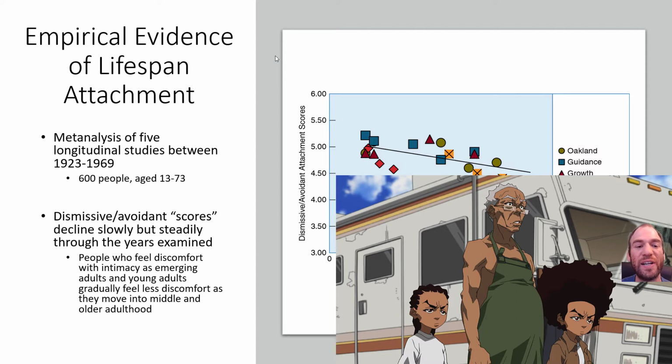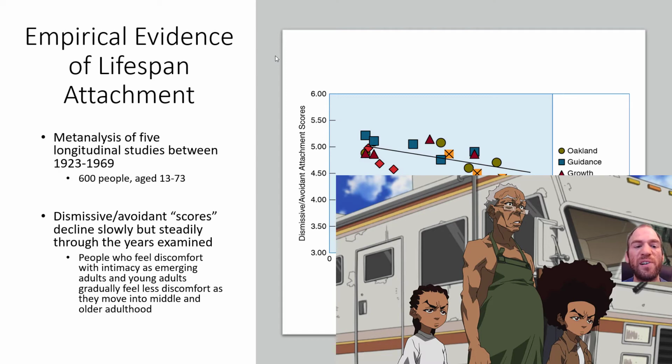You can see here early adolescence, all the way to older adulthood. One finding that researchers found in the meta-analysis was that dismissive/avoidant scores decline slowly but steadily through the years examined. People who feel discomfort with intimacy as emerging adults and young adults gradually feel less discomfort as they move into middle and older adulthood.